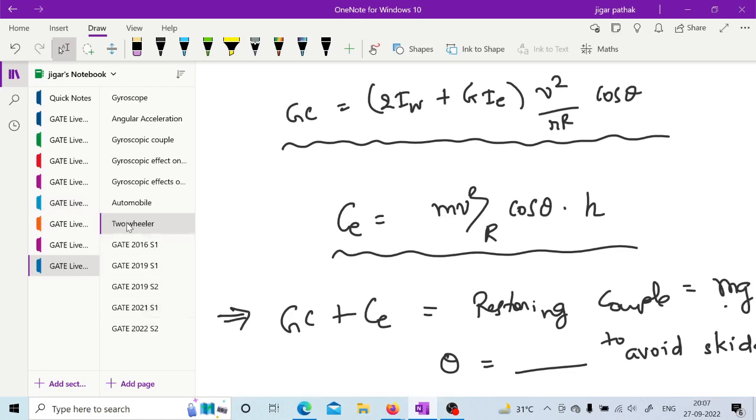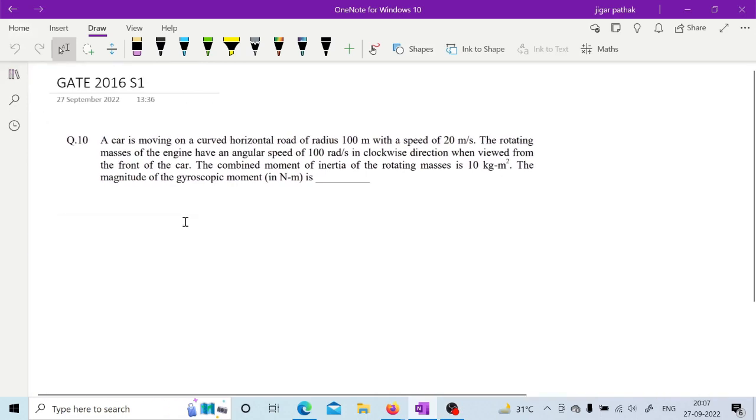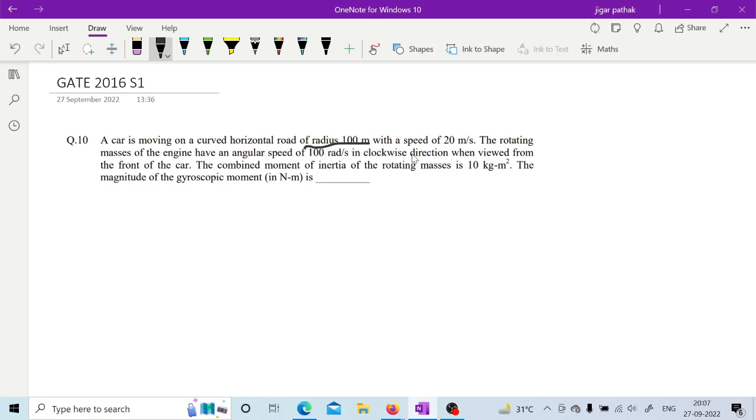So here, as you can see, a car is moving on a curved horizontal road of radius 100 meter with a speed of 20 meter per second.